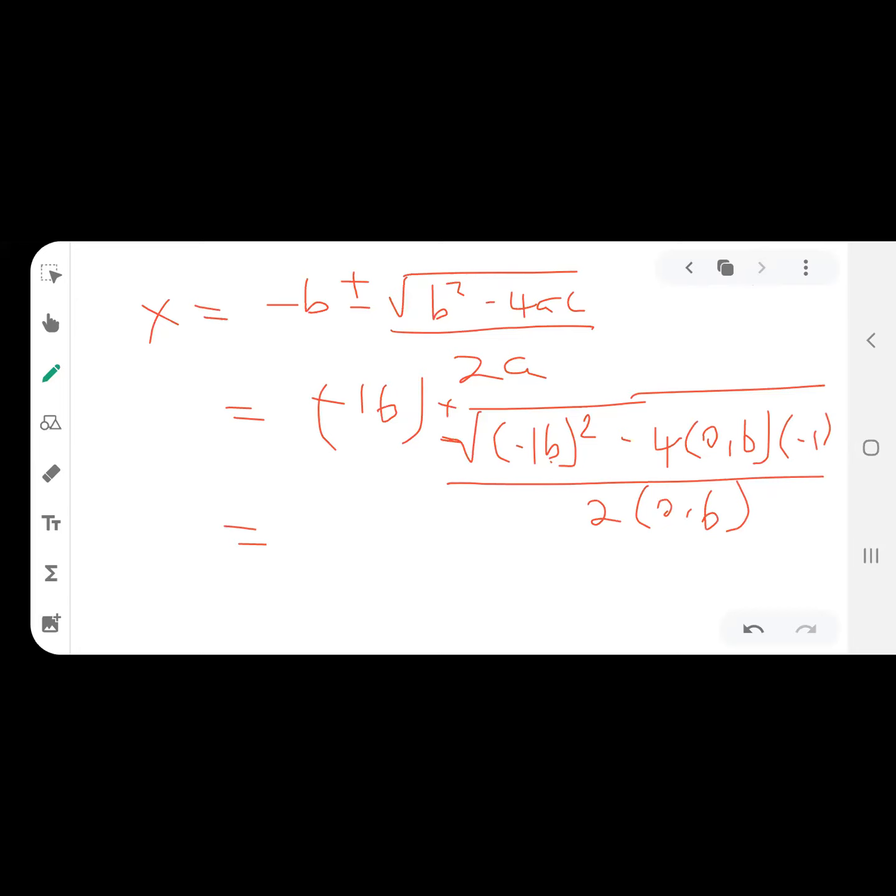And then what are the answers? 26.73 and -0.06. Therefore, x equals 26.73 or what? Negative 0.06. So this is the output, right? You have to conclude.